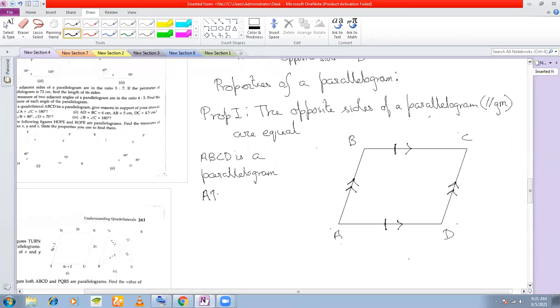So AD is equal to BC. And the length of this side must be equal to the length of this side. And what can you say? AB is equal to DC. Okay. So remember, in a parallelogram, always the opposite sides will be equal. Let's see if we can do a problem from here.